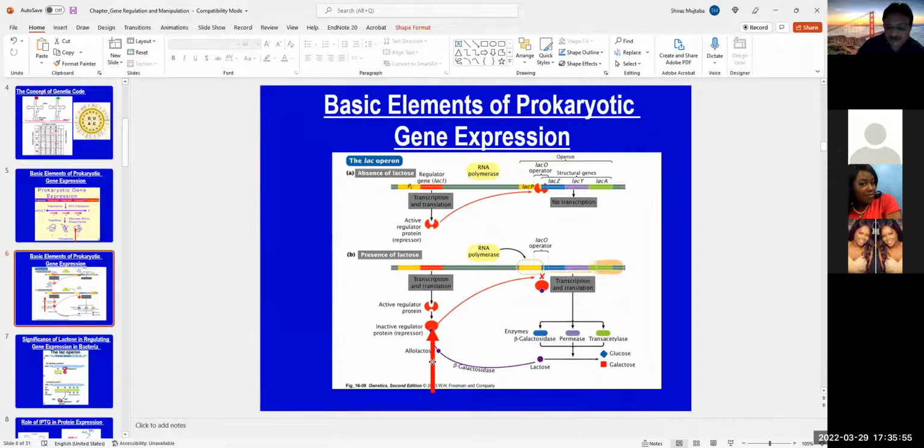That gives a chance for RNA polymerase to bind, and these genes are expressed. So how I teach this is that this is the brake and this is the accelerator. The brake is exercised by the repressor.